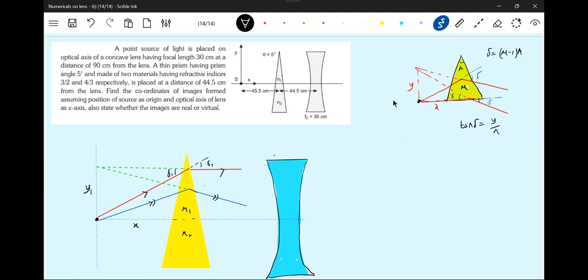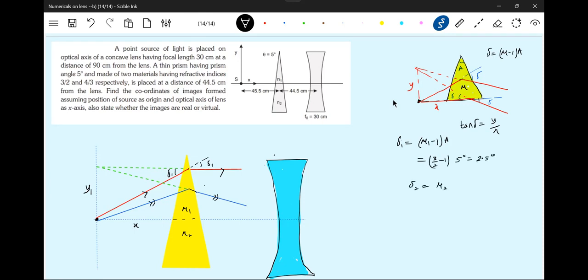With the help of this, we'll get the deviation suffered by the rays above the optic axis, delta 1. So mu1 is how much? 3 by 2. Angle of prism 5 degrees, so 2.5 degrees.